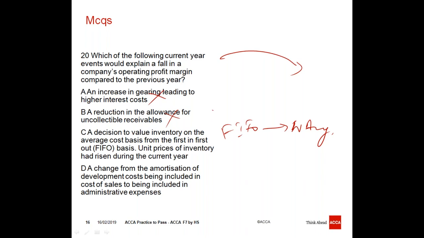So whenever the price is rising, FIFO will give you the maximum profit and weighted average will give you the average profit. So if you are moving from FIFO to average, there will be a decline in the profitability. So C is actually the right answer.